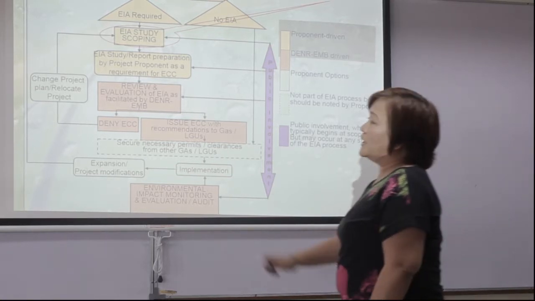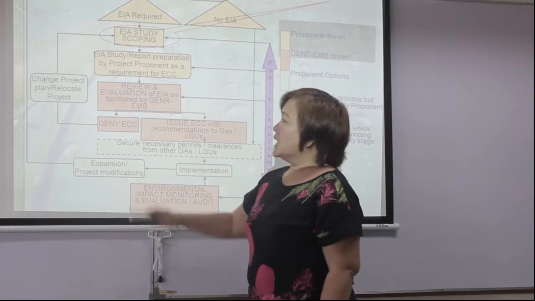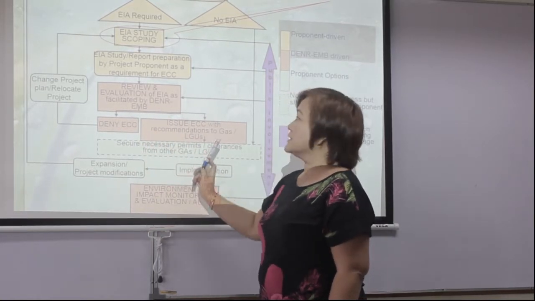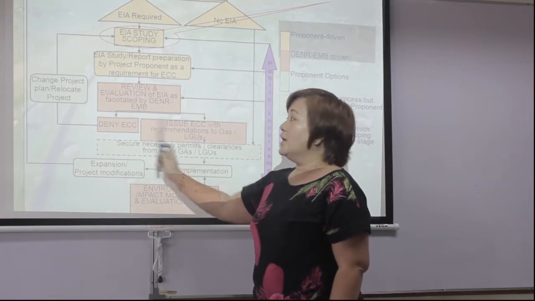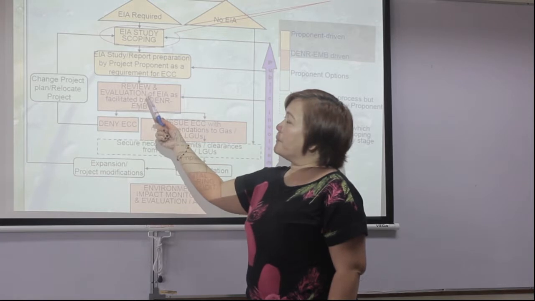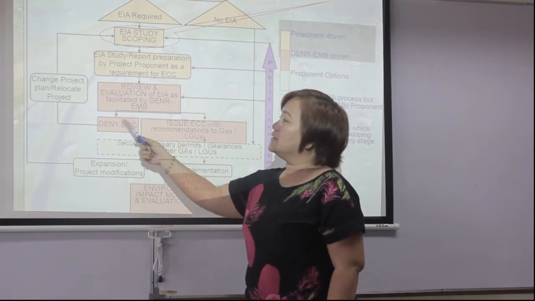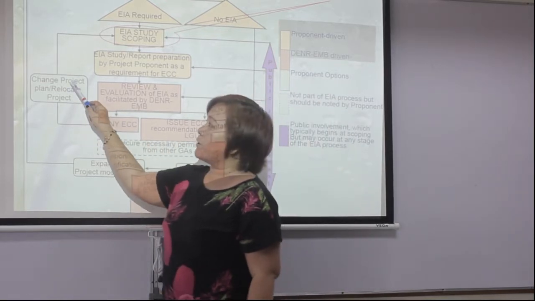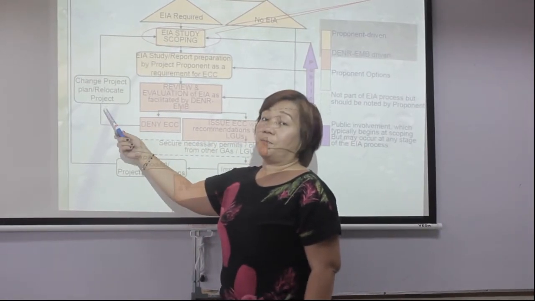Now, after your EIA has been reviewed, you have two possible fates. So one is to be issued an ECC, or it will be denied. If the EIA will be denied and no ECC will be released, you have to change the project or you have to relocate the project.